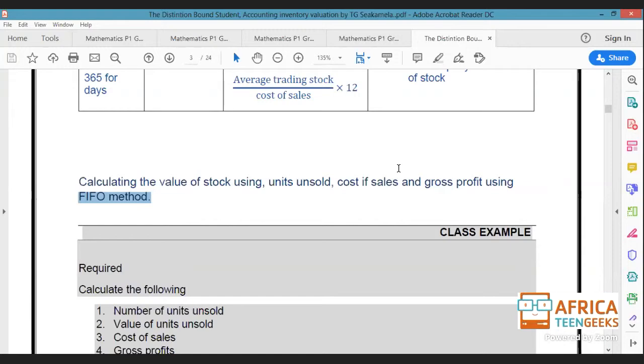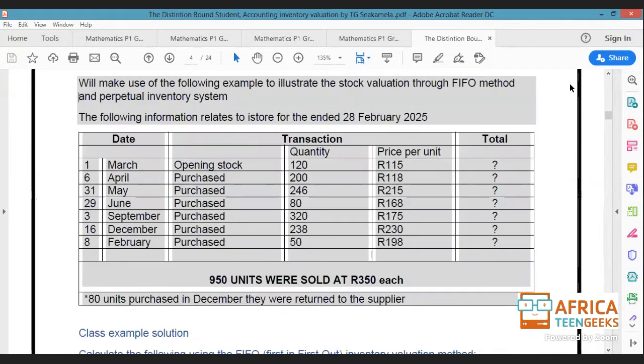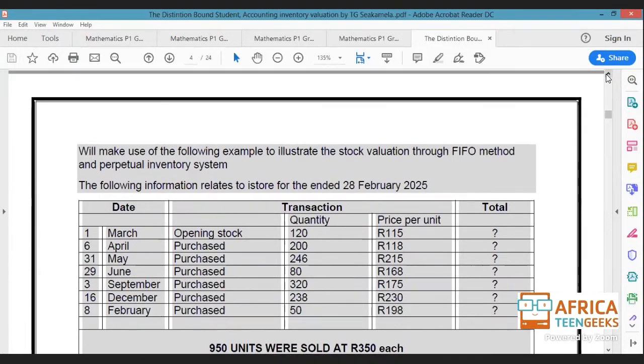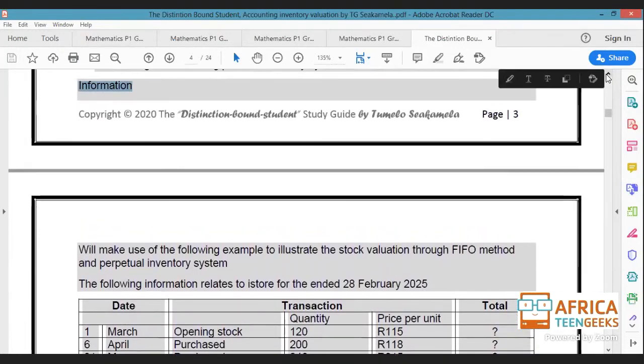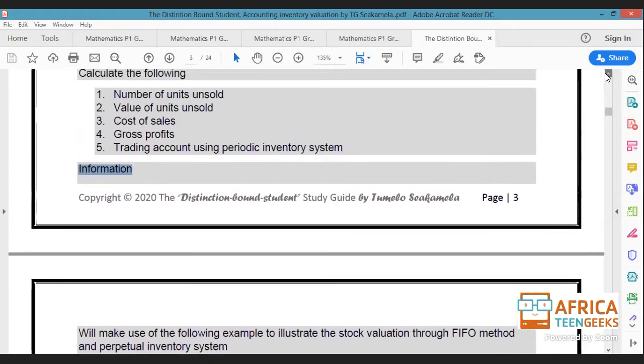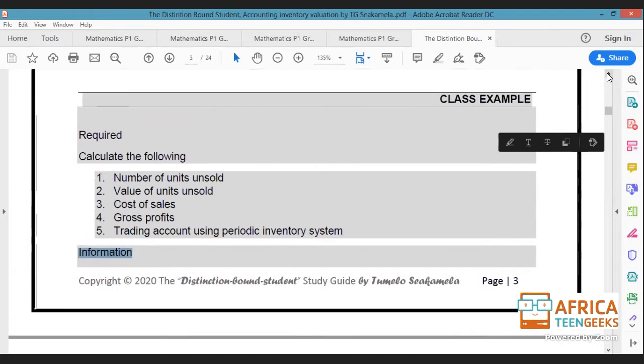Now let's look at this class example. I have to do it with you step by step, guys. Remember, in accounting, you will always be given the required.